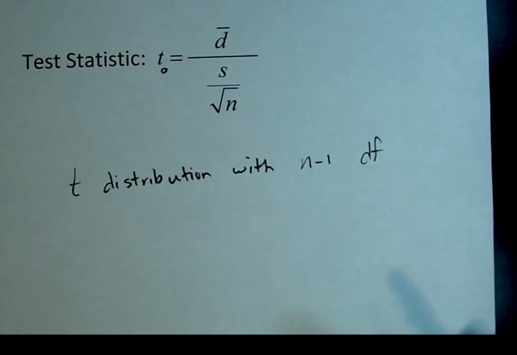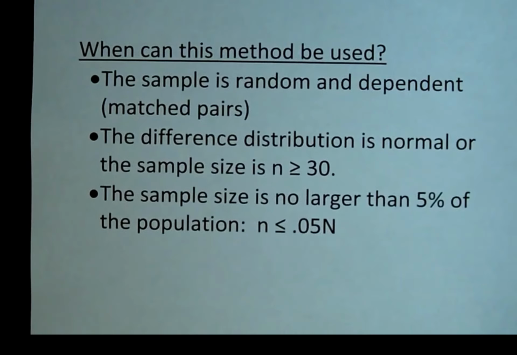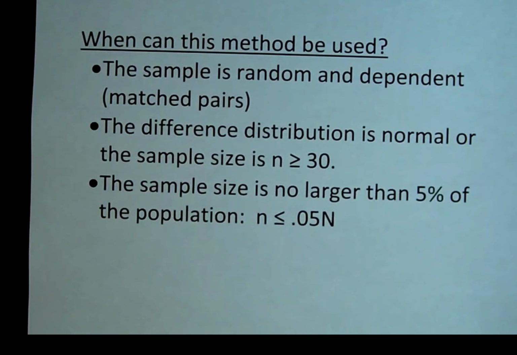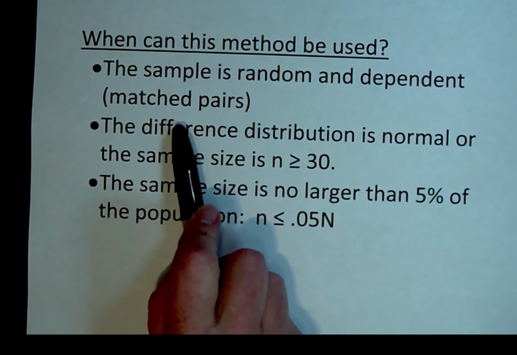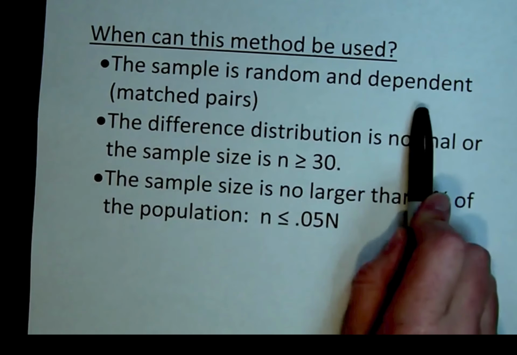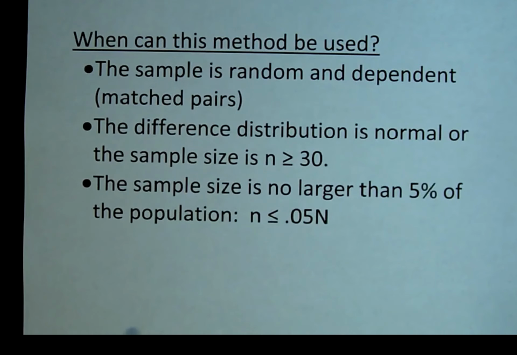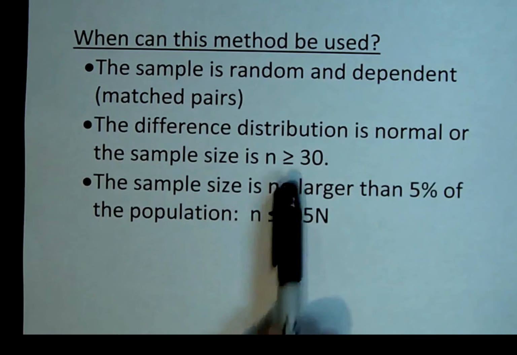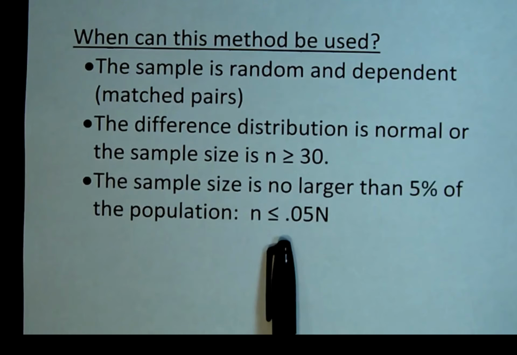And then just a last comment about this method using the t distribution for hypothesis testing here. This method can be used when the sample is random and dependent. We're talking matched pairs here. We won't talk about independent ones until the next section of the book. The difference distribution is normal, or the sample size is greater than or equal to 30, and the sample size is no larger than 5% of the population.